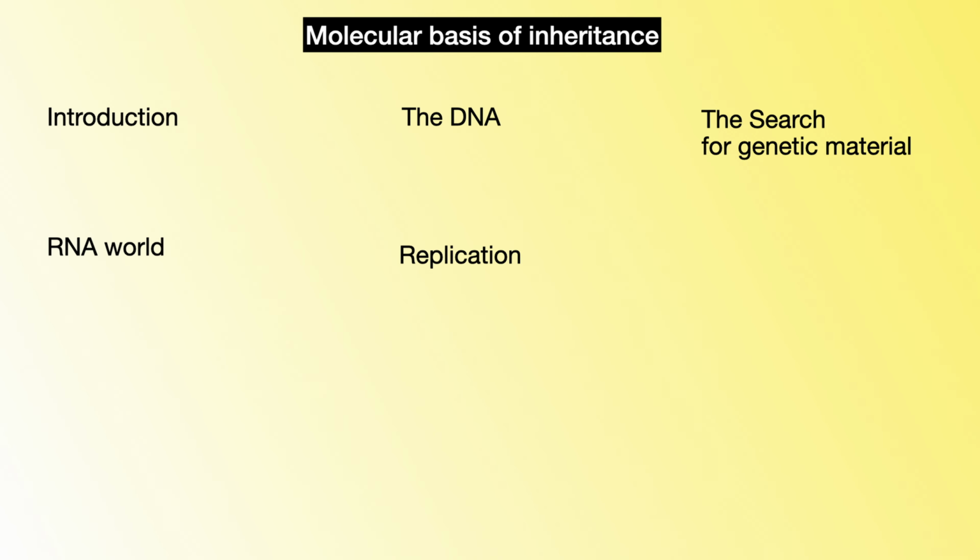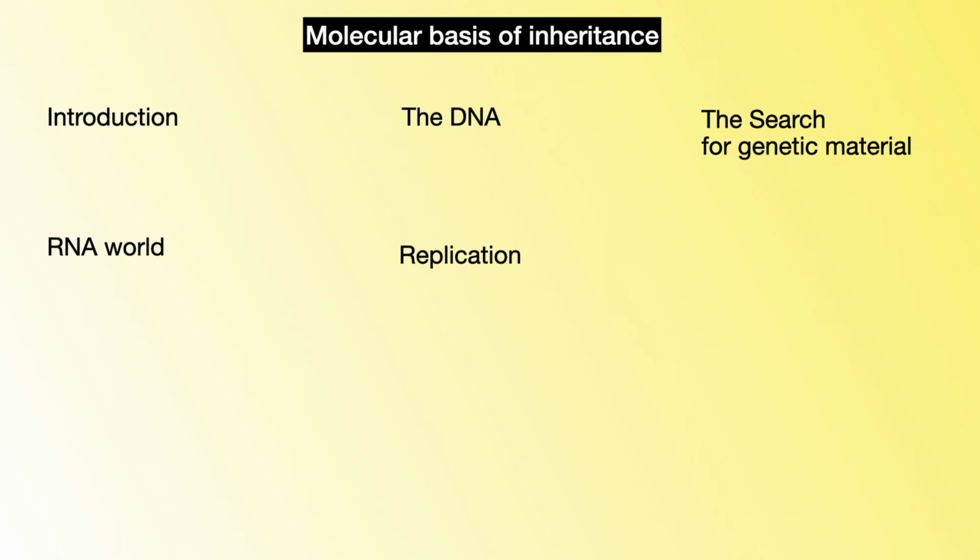Heavy DNA containing N15 sinks lower, while light DNA containing N14 stays higher. The results across generations provided the definitive answer. At generation 0, all DNA was heavy, that is N15. It formed a single band at the bottom of the tube after centrifugation.